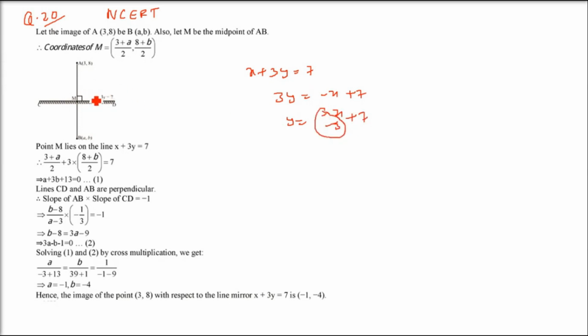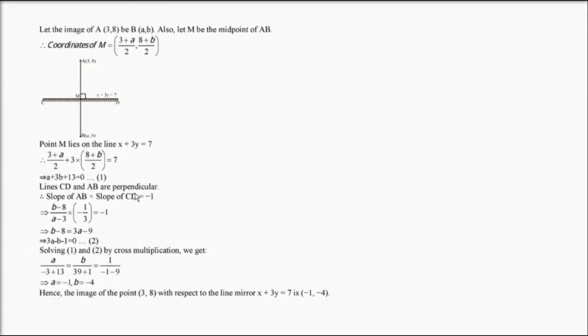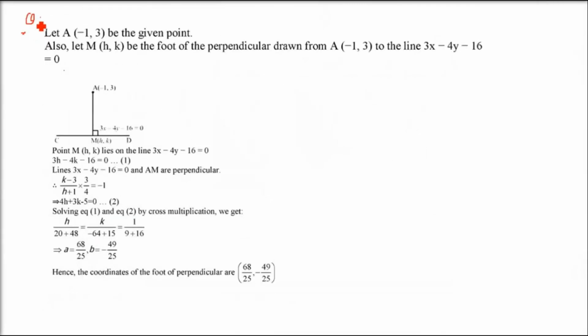And the slope of the line AB is (b minus 8) by (a minus 3). When we multiply, it has to be minus 1. So (b minus 8) by (a minus 3) times minus 1 by 3 equals minus 1. So there is one more equation. We have equation number 2 and equation number 1. We solve it, and you will get minus 1 and minus 4. I hope you'll be able to solve it. I am pretty sure. You can use cross multiplication or any method of your choice.